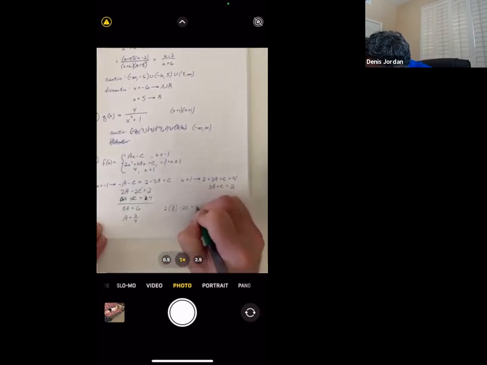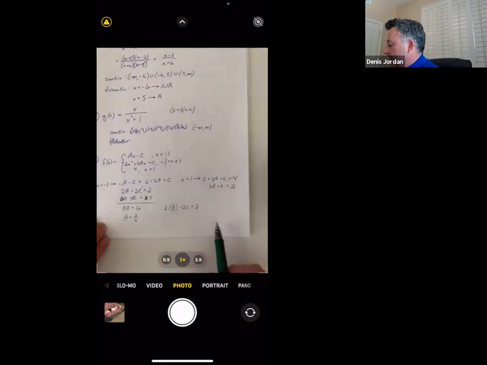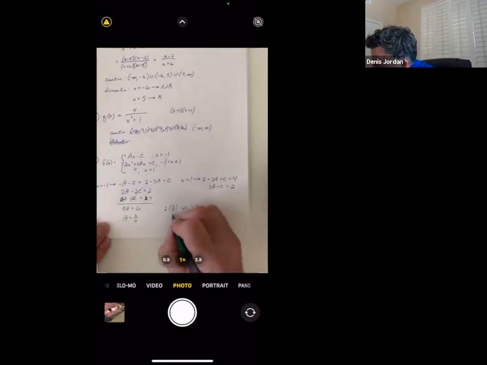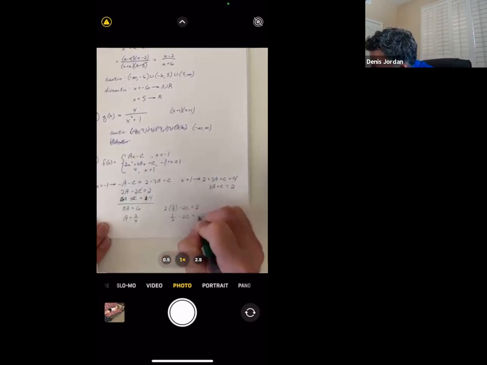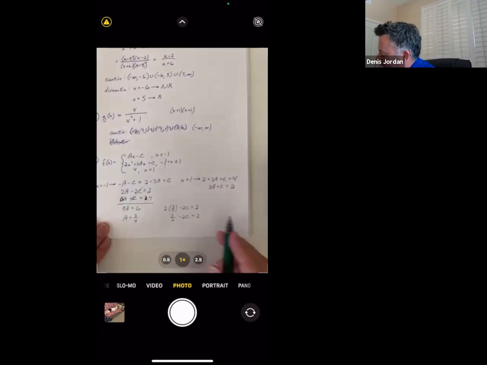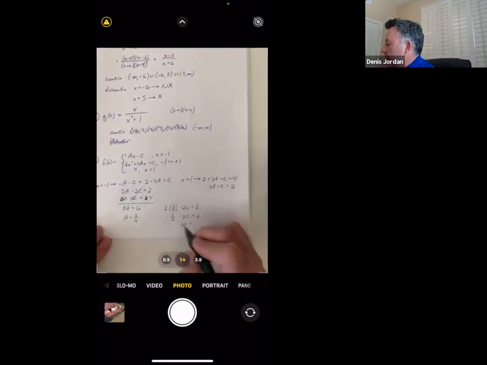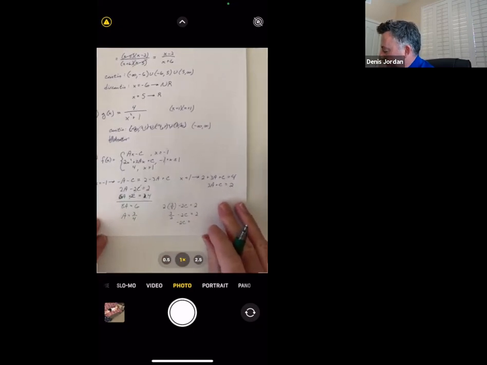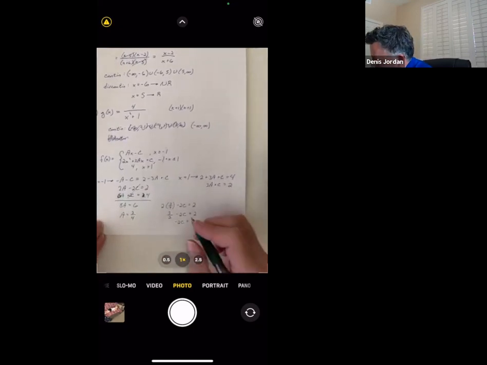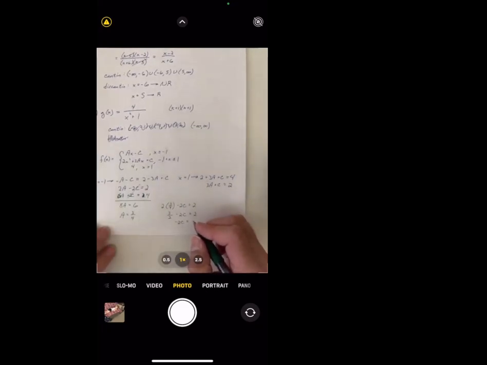Okay. So 2 times 3/4, that is 3/2. Swing over to 3/2. So what's 2 minus 3/2? A half.